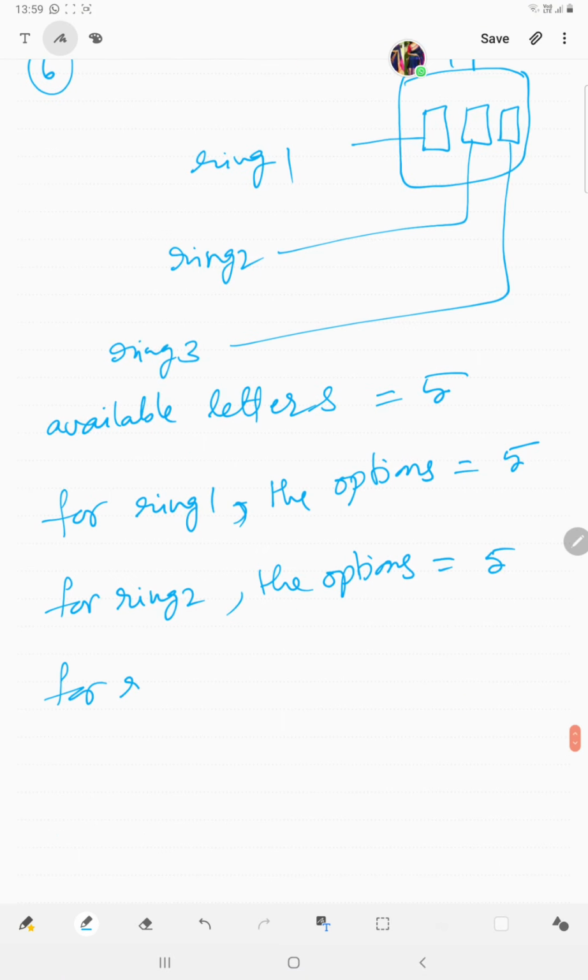Therefore, for ring 3, again the options are 5 only.